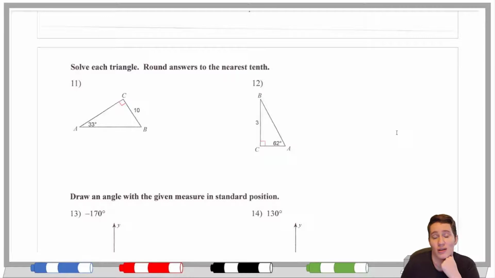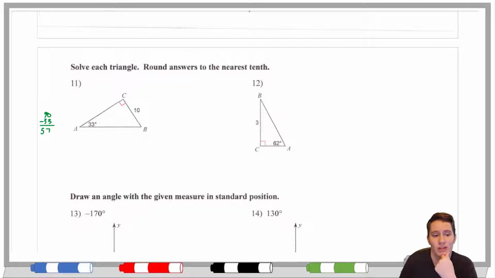So the easiest part is finding the missing angle. Since angle A is 33 and C is a right angle, we need to just figure out 33 plus what gives us 90, because that's what's left for angle B. So you can do that in your head or you can do that in your calculator. 90 minus 33 is 57.